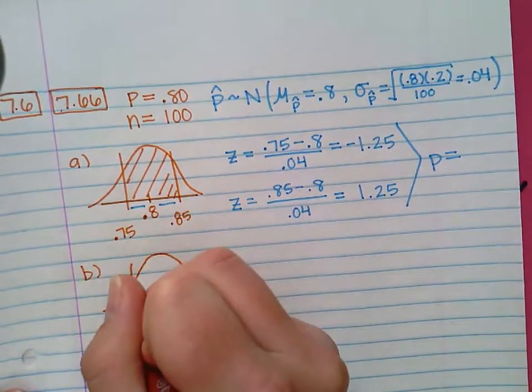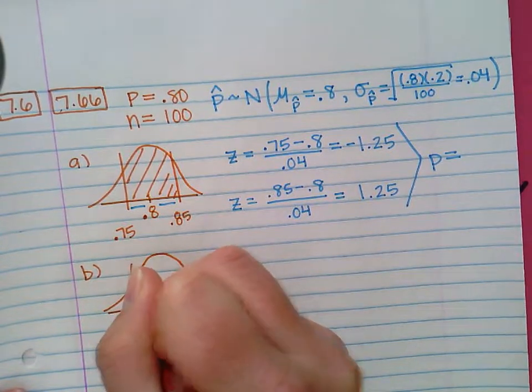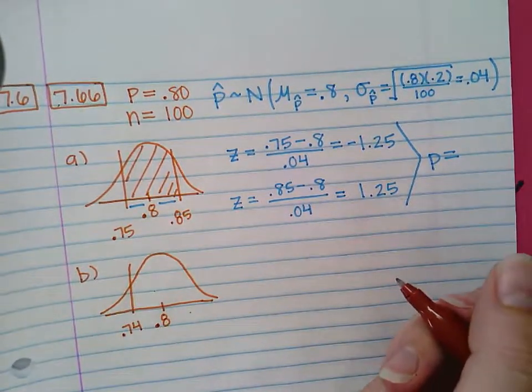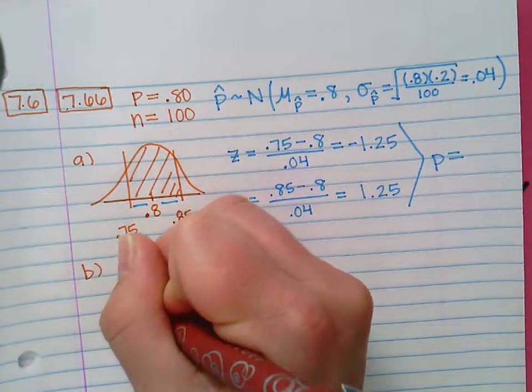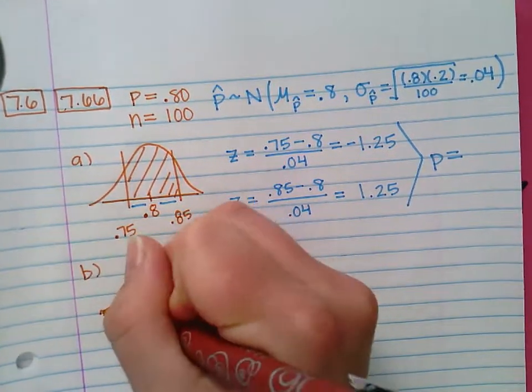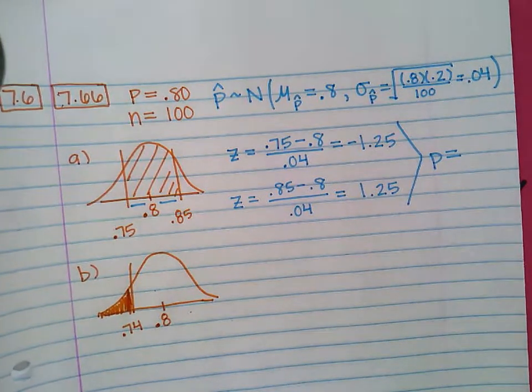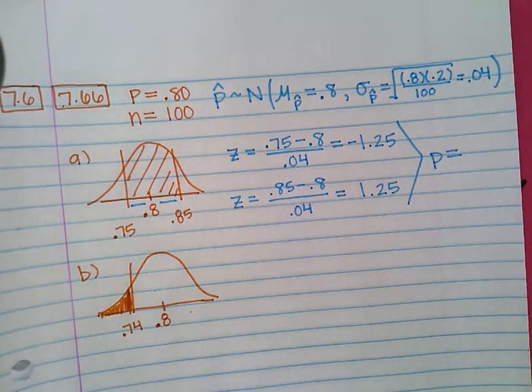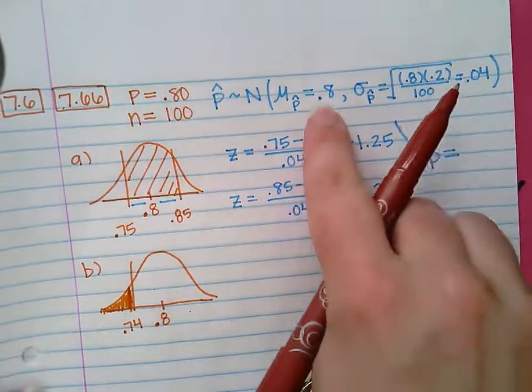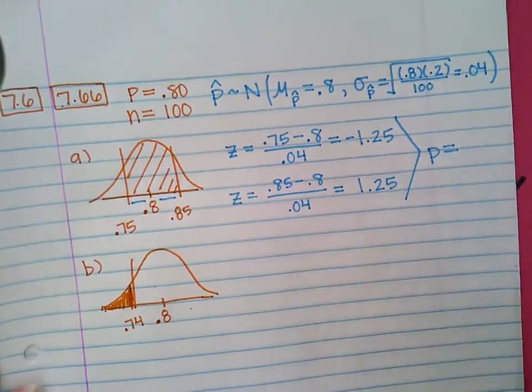So I'm going to go to 0.74 because that would be my 6% below. And then it needs to be at that percent or less than it, which I thought was an interesting way to ask this question, but that's what we're looking for. Same process here, find a z-score, mean, standard deviation.